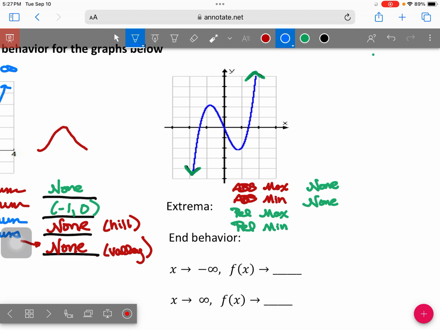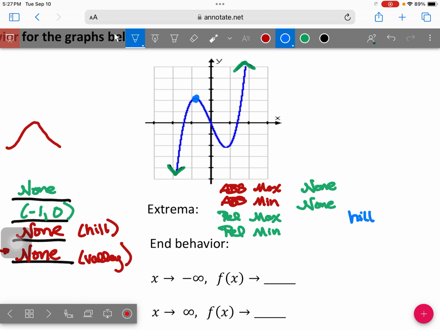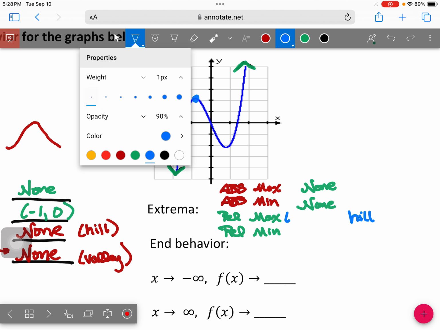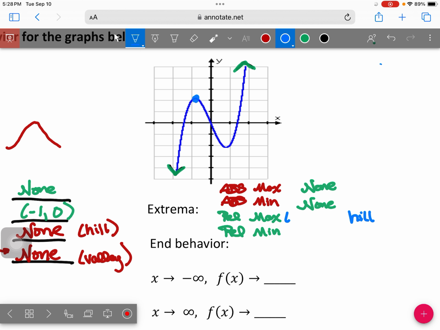A relative max is going to be a slight hill, and I do see that right here. Of course, it's not on the lines. So that would look to be negative 0.75. I need to make that just a little bit smaller.